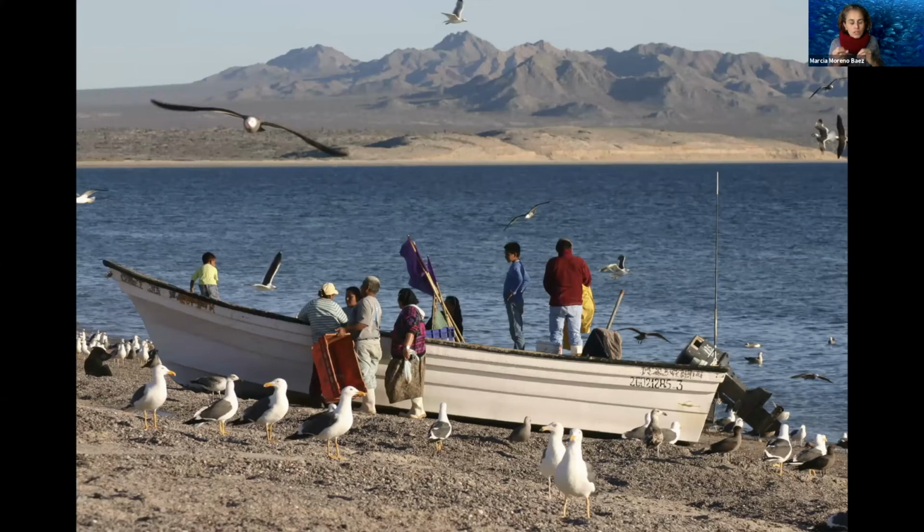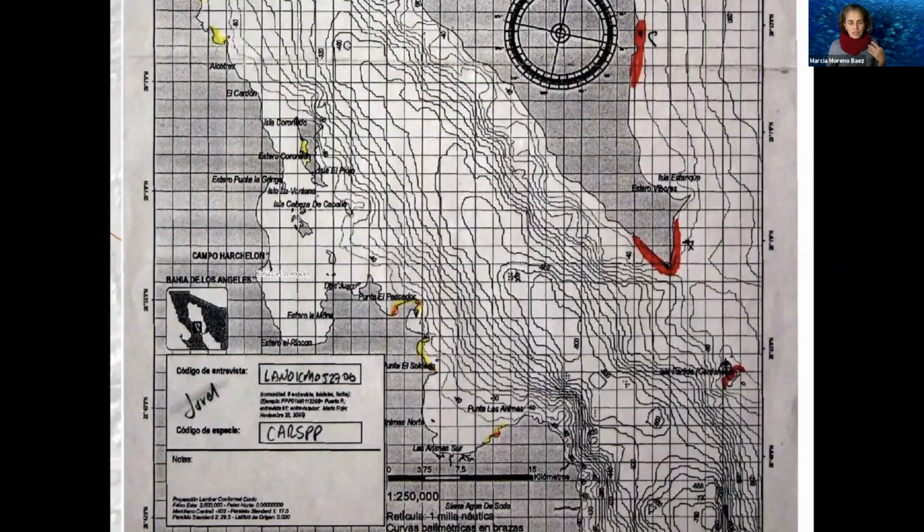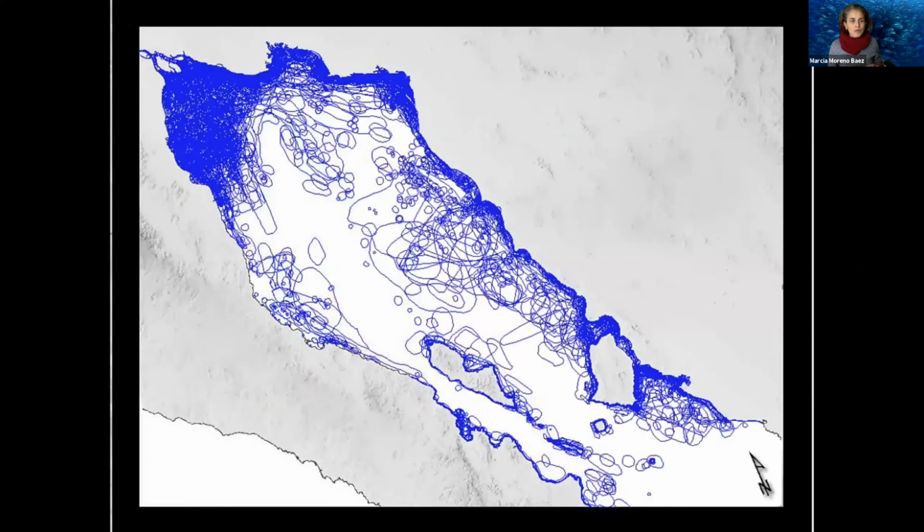So the way we used GIS in this particular example was through a process of collecting information using printed maps, and we would work with them to map what they were fishing, where they were fishing, and when they were fishing. And GIS helped us digitize all of this information in such a rapid way that we were able to see this first picture of the fishing activity in the Gulf of California, which was the first time that anybody would ever see something like this.